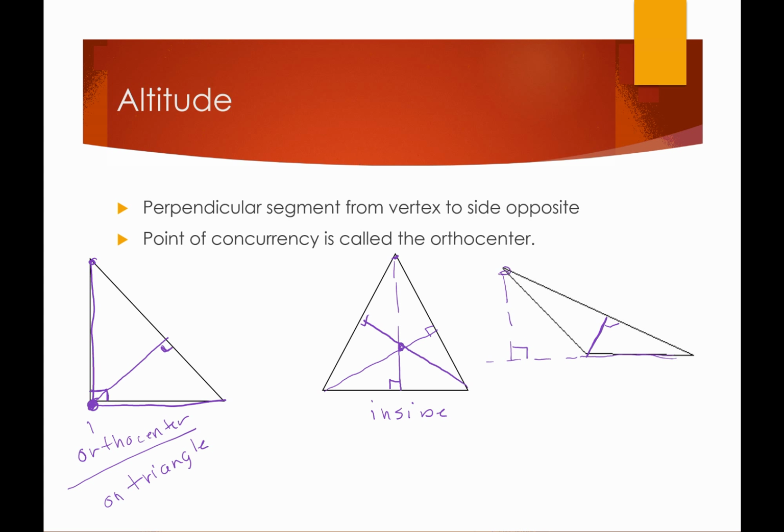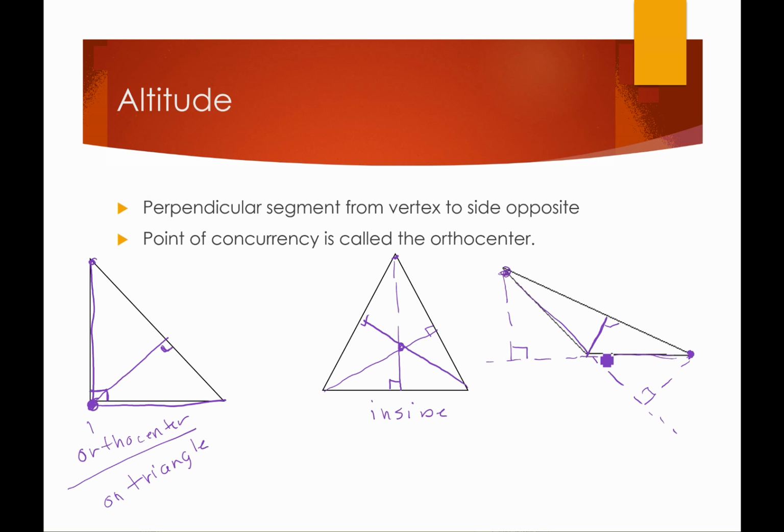It's going to be the same thing here. If I'm going to go from here to a perpendicular of this side over here, so I'm going to go from this vertex to this side, I've got to extend that side as well.